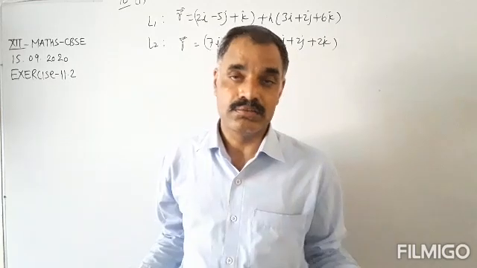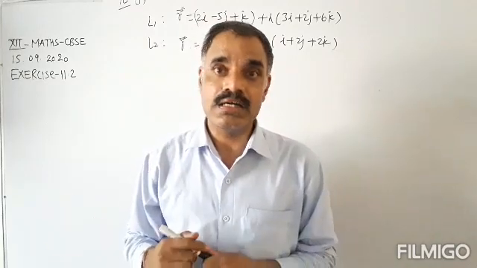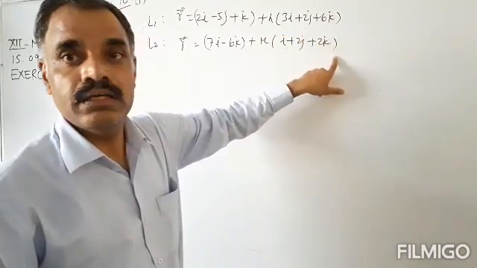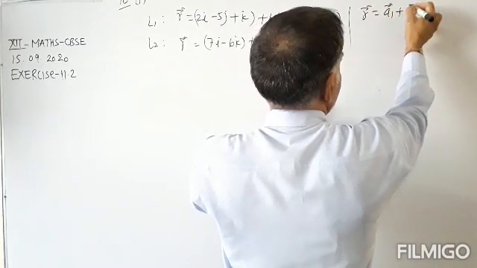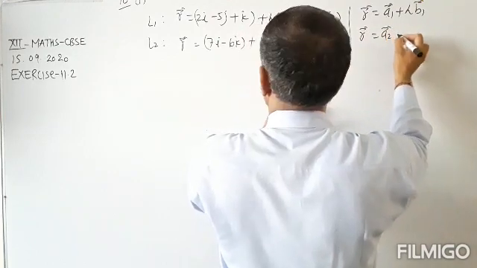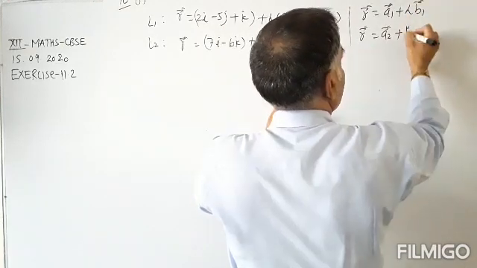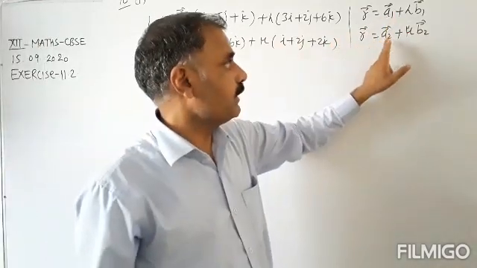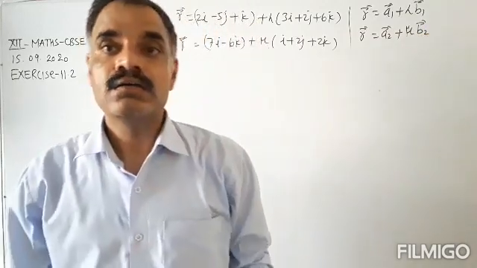We have already learned that the angle between two lines means the angle between their directions, and their directions are v1 vector and v2 vector. Comparing with r vector equals a1 vector plus lambda v1 vector and r vector equals a2 vector plus mu v2 vector, a1 vector and a2 vector are the points where the lines pass, and v1 vector and v2 vector are the directions.